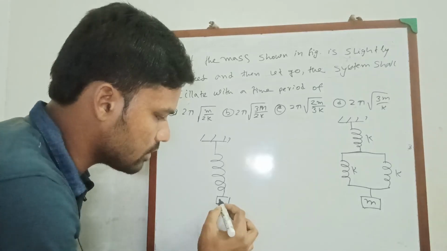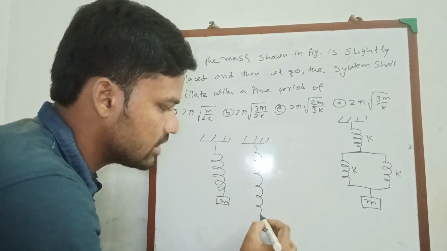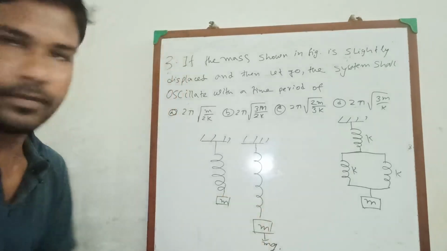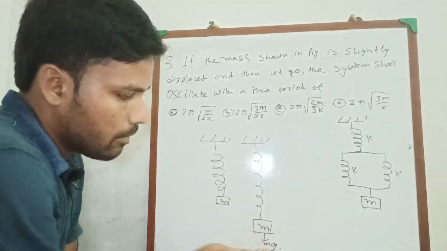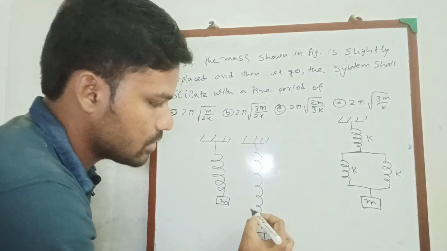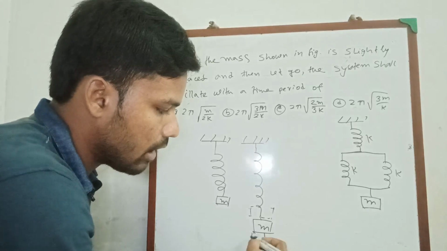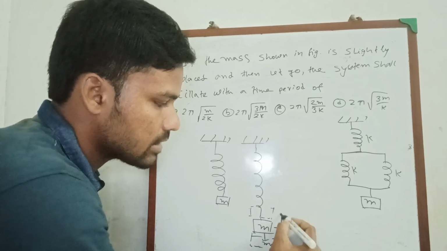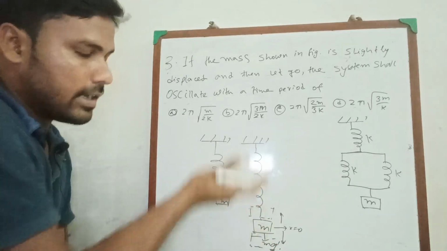If I attach a mass over here, now this spring can stretch due to the force, that is mg. This is the load here, that is mg. Now if I displace this mass slightly, not in a big way, just slightly, suppose I move it upward or downward slightly, this is our position here, suppose x equals 0, slightly upward or downward, if I displace it slightly and let go, it can oscillate.